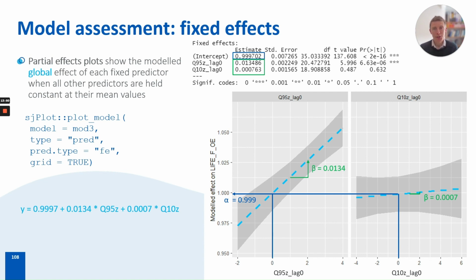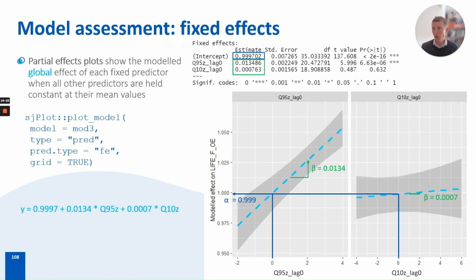Hence, when we then use the plot_model function, that shows us how the life OE ratio changes as each of those flow variables alters, whilst holding the other variables constant at their mean values. It also means that the intercept in our model, 0.999 in this example, describes the expected life OE ratio when the flow conditions are at normal levels for each site.